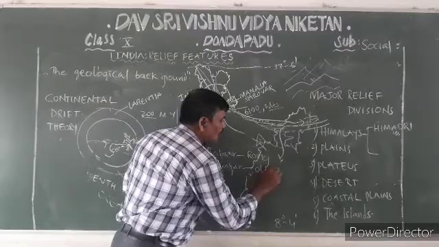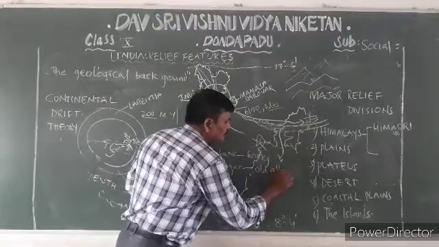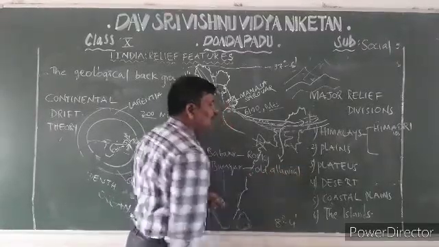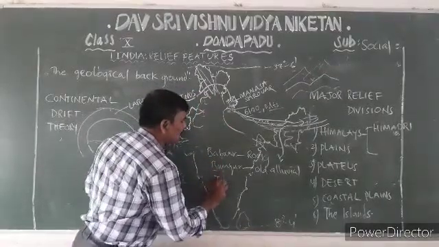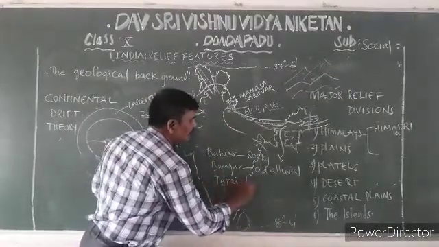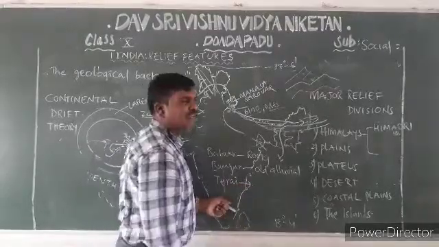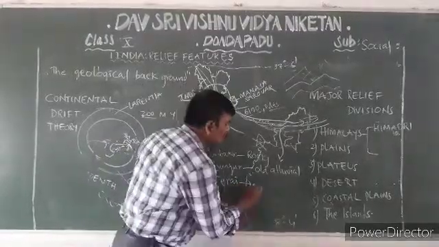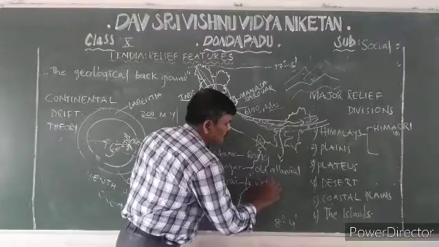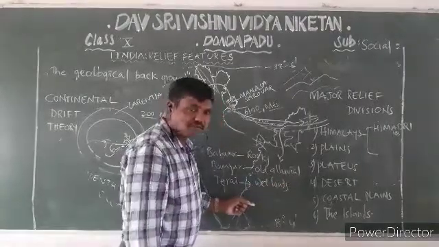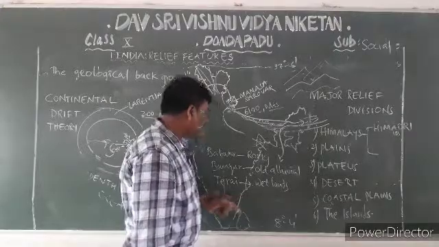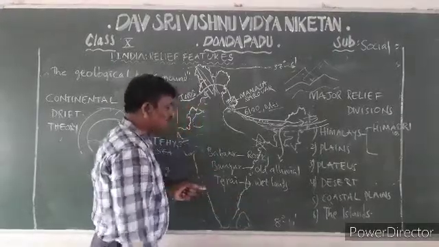Okay, Babar, Bangar. Next one is Terai. Terai is which type of soil? The wetlands are known as what? Terai. Babar, Bangar, Terai.